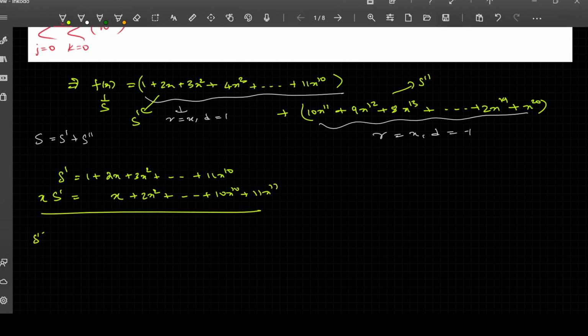So you get S dash times (1 minus x) to be 1 plus x plus x square plus so on till x power 10 minus 11x power 11. This is what we ended up with. And now the second part, that is S double dash.